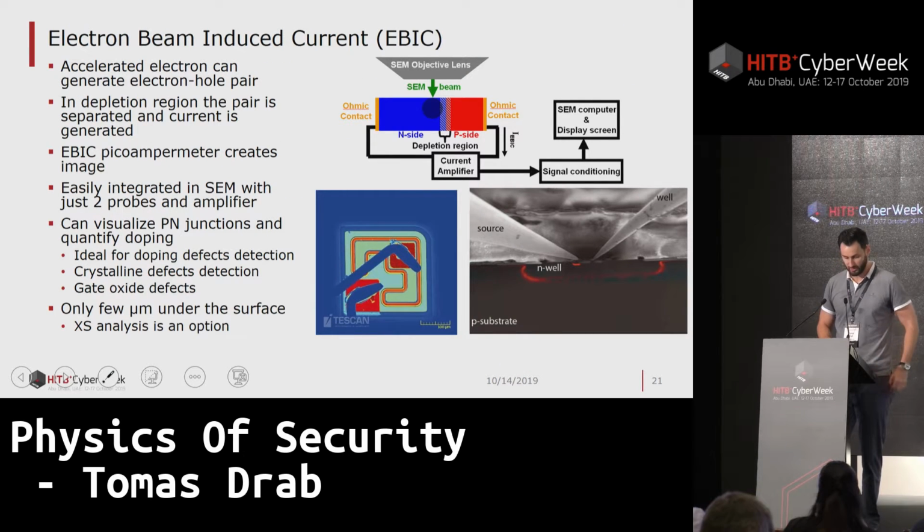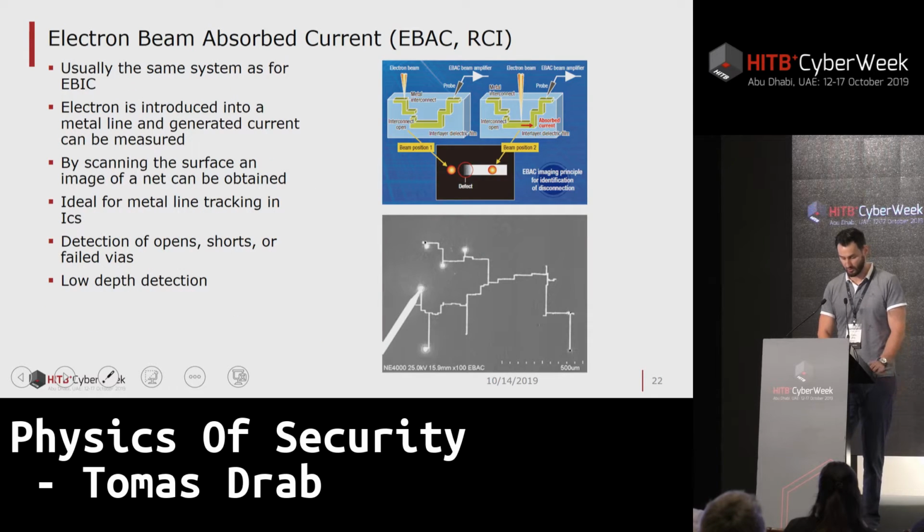Okay, here are some other techniques which are used. Electron beam induced current. You're using an electron beam to create electron-hole pairs, which are separated in the depletion region, and then the current can be measured and you can recreate the structure of the transistor, for example.